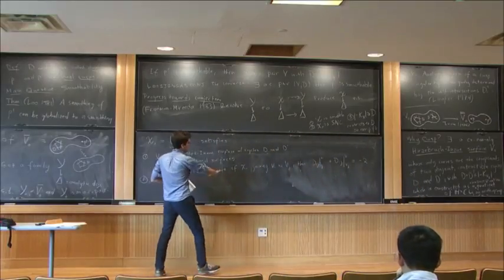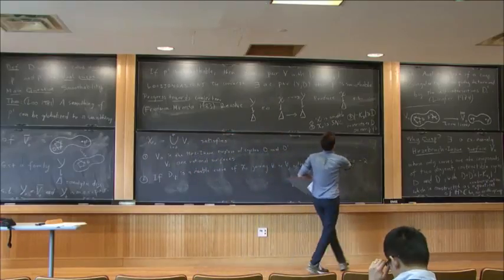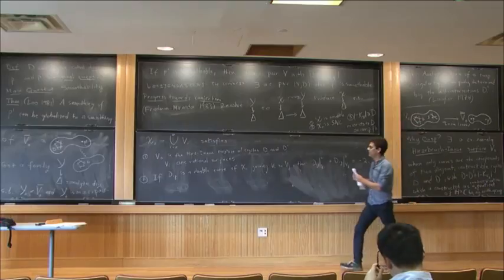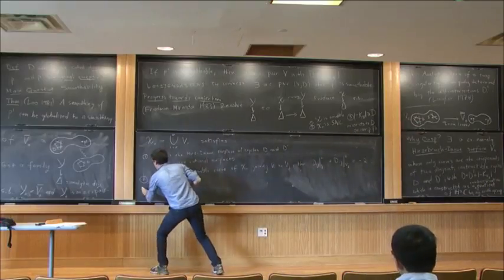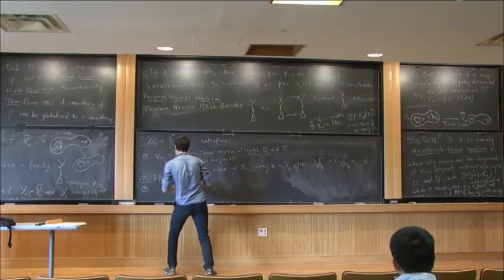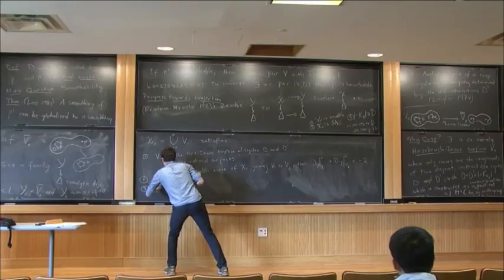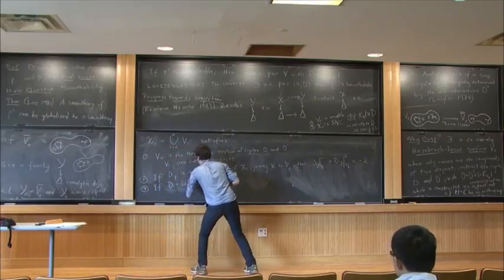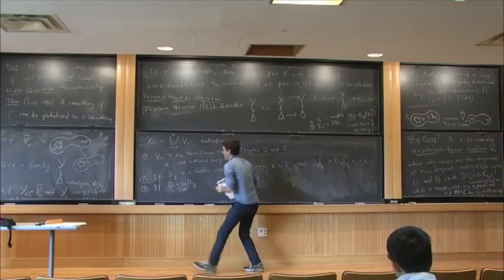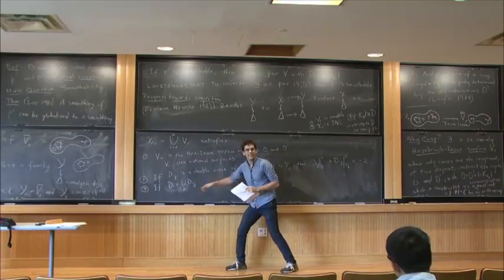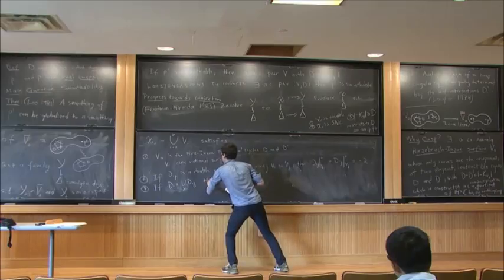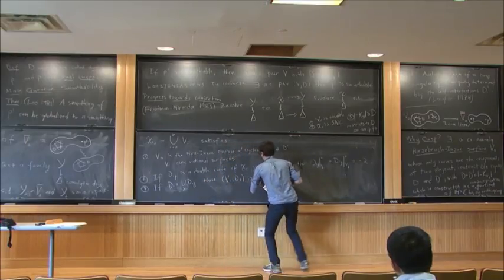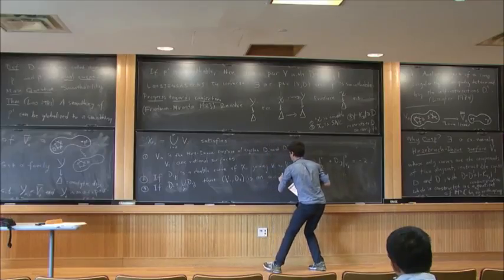This condition is essentially going to say that near P prime, the canonical bundle is trivial. And the next condition is that if we set D_i to be the union of the double curves lying on V_i, then (V_i, D_i) is an anti-canonical pair.